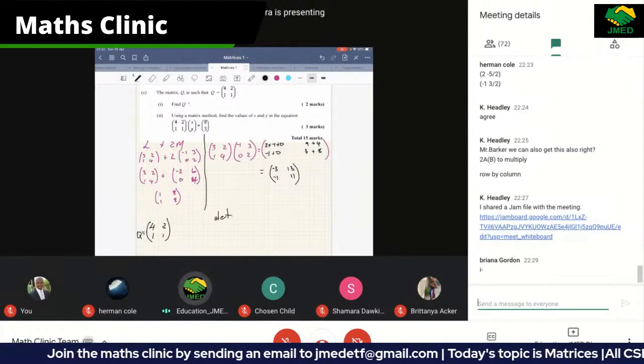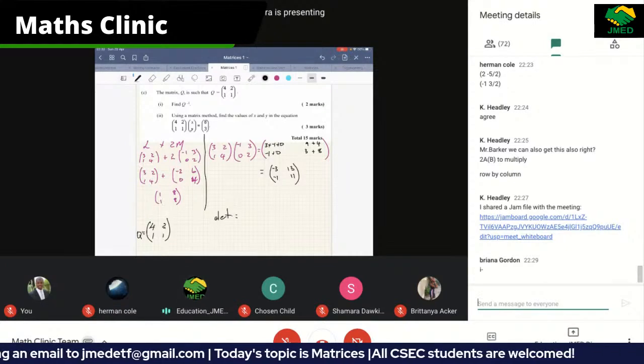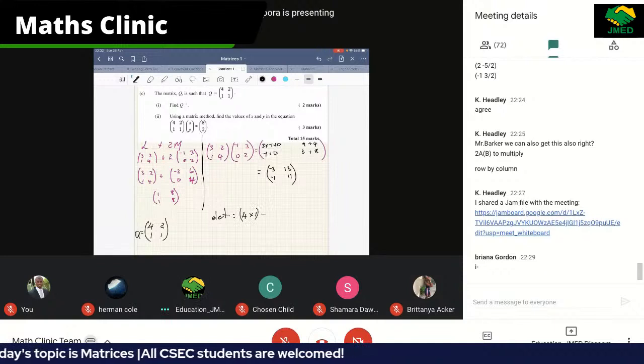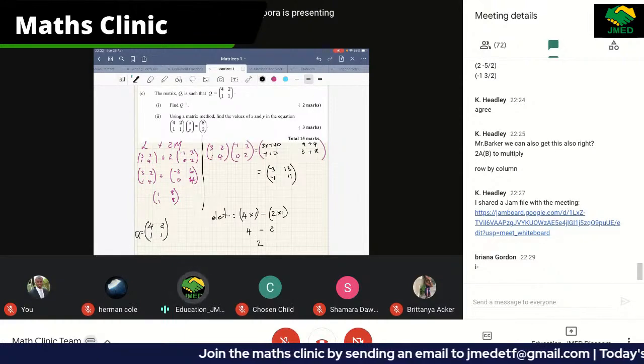What's the determinant? The product of the main diagonal minus the product of the minor diagonal. So we have 4 minus 2, so the determinant is 2.